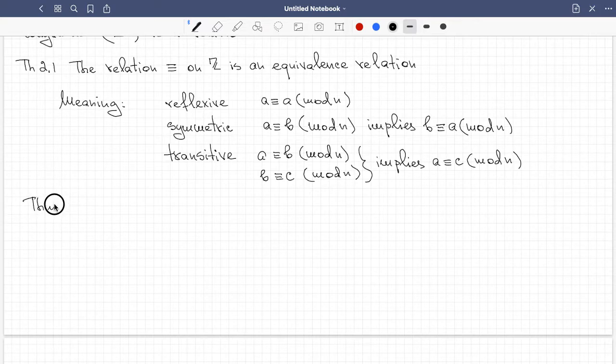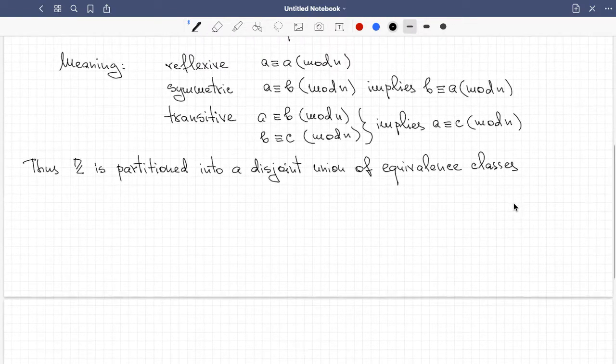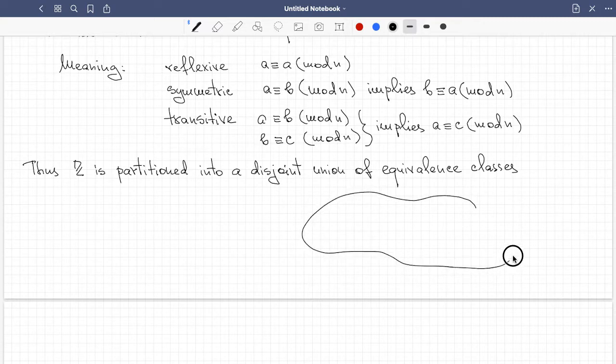Thus, Z is partitioned into a disjoint union of equivalence classes.